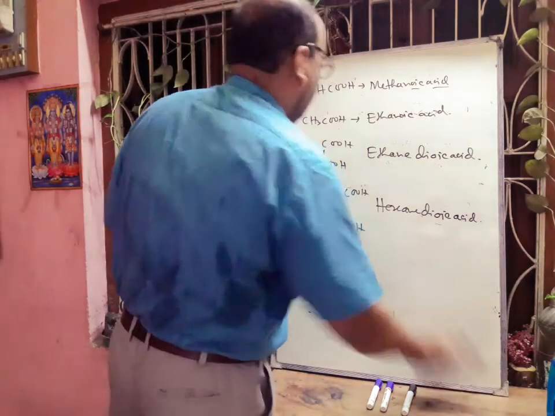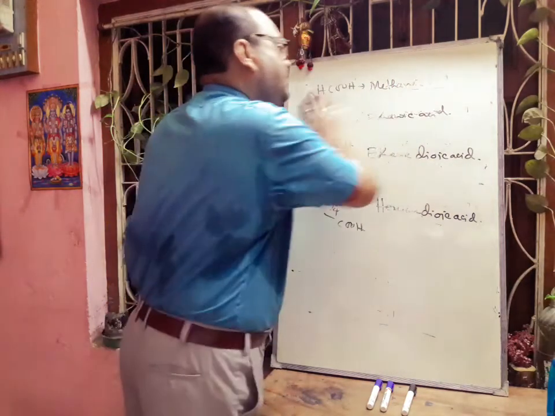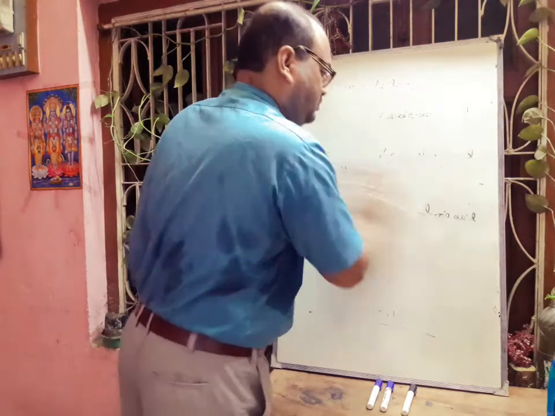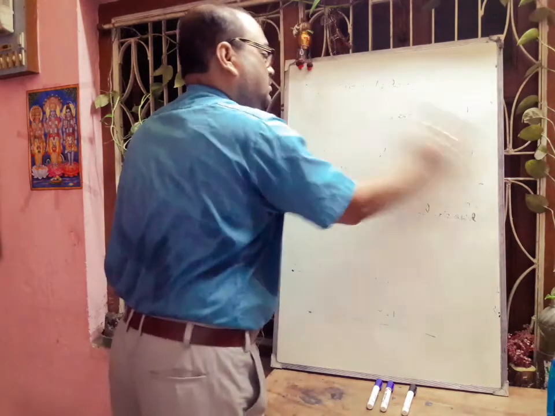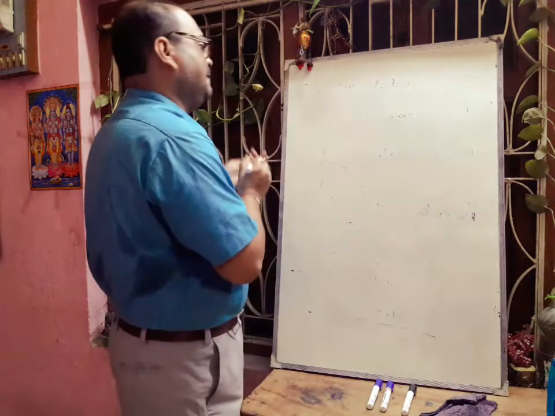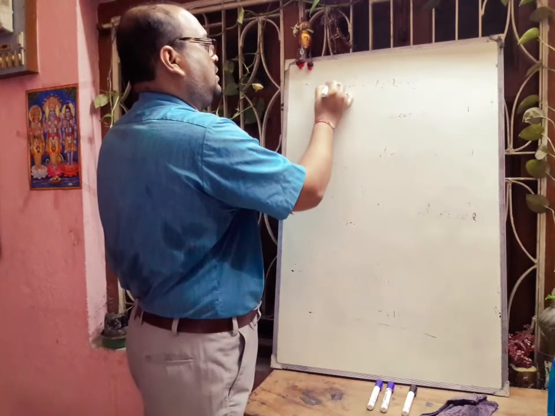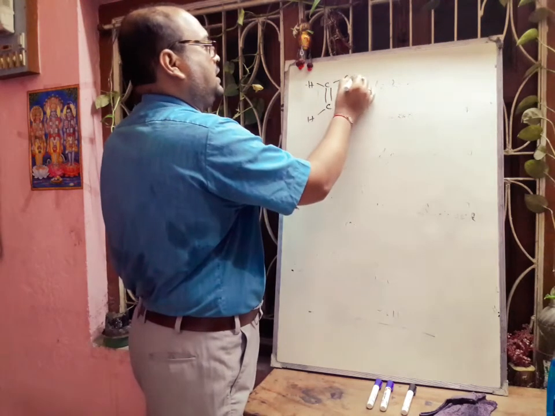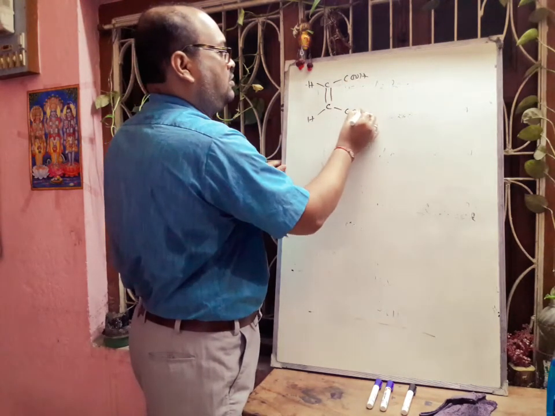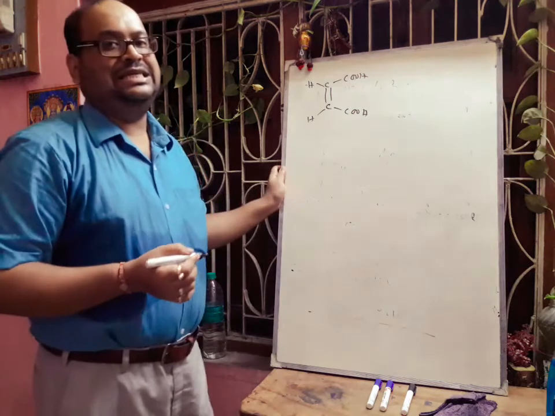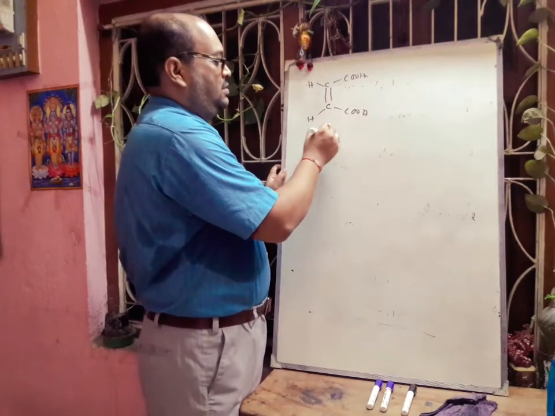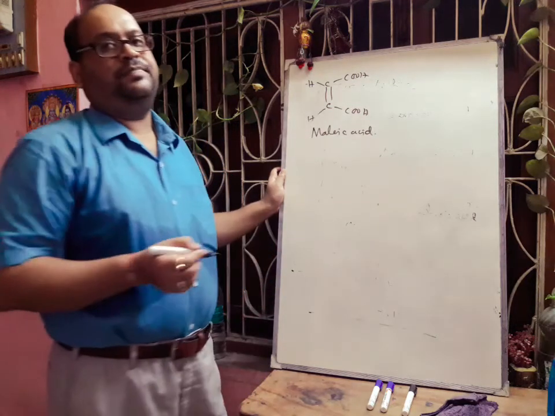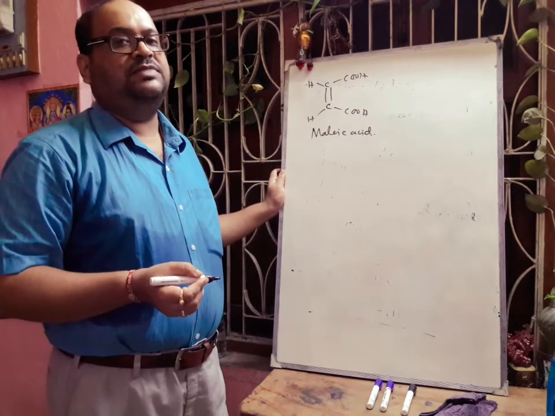Okay. Now two very interesting compounds I will discuss here, and their names also. This one, a carbon-carbon double bond is present, and on both sides there will be the COOH group. This is the cis compound. The common name of this acid is maleic acid. So what is the IUPAC name of this compound?